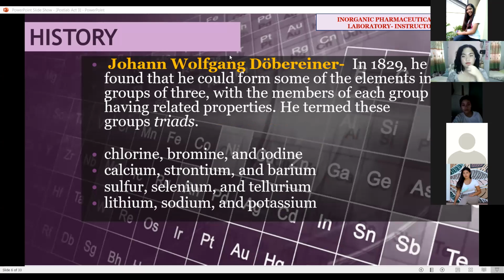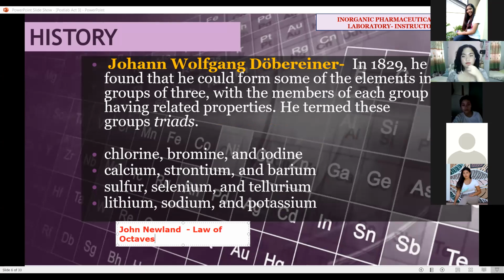And let me add also, since it's not on my slide, the name John Newlands. What we remember about John Newlands is the law of octaves. What John Newlands did is he grouped the elements by eight. That is the law of octaves.